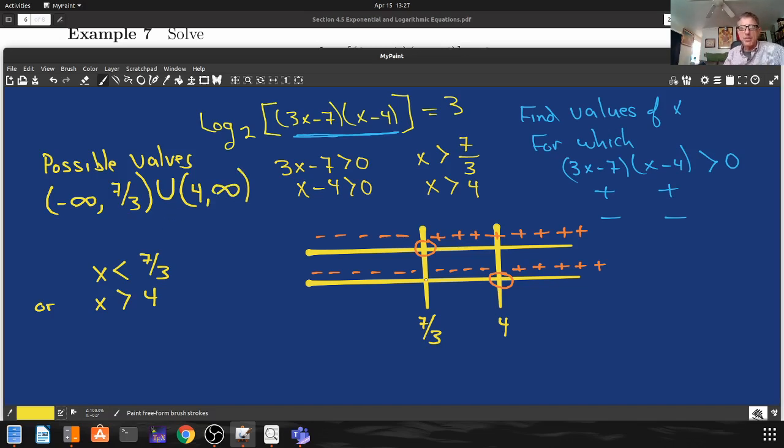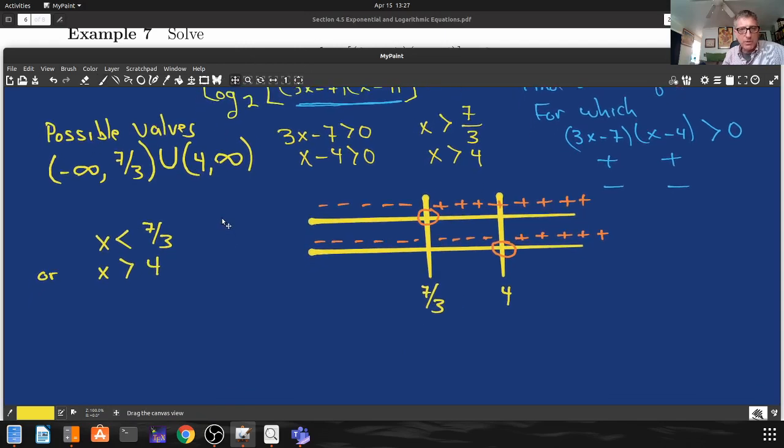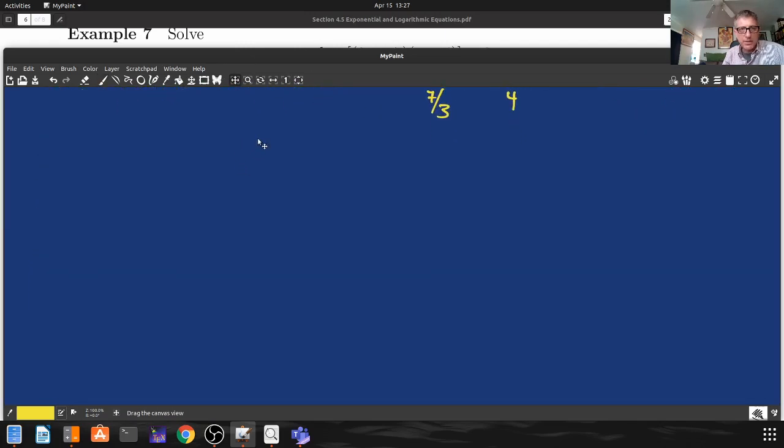Okay, so now we're ready to work on this equation right here. So I'll copy it down again, and we'll come down and work on it down here, and we will move up to the top. So the first thing we did was find the possible domain values for our answer.